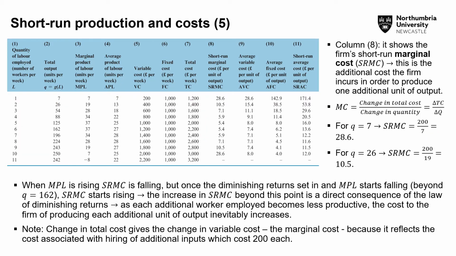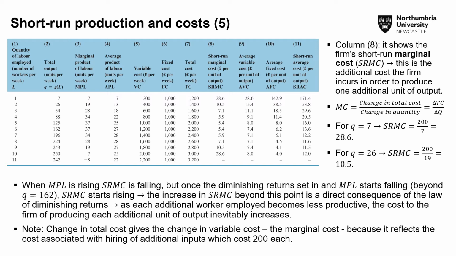Next, we can define specific costs in terms of averages and in terms of marginal costs. And much like the average product of labor and the marginal product of labor, these costs are also linked in a way. So let us begin with something called the short-run marginal cost.